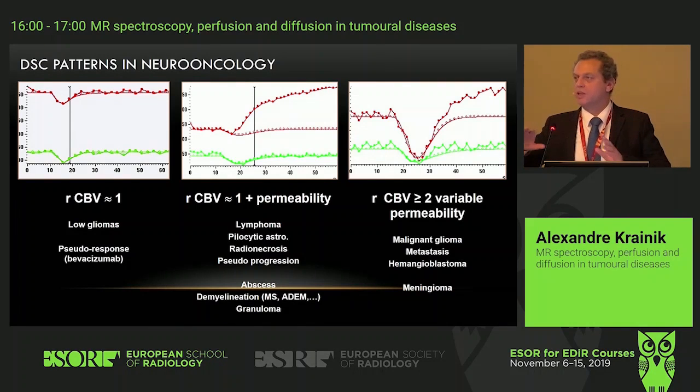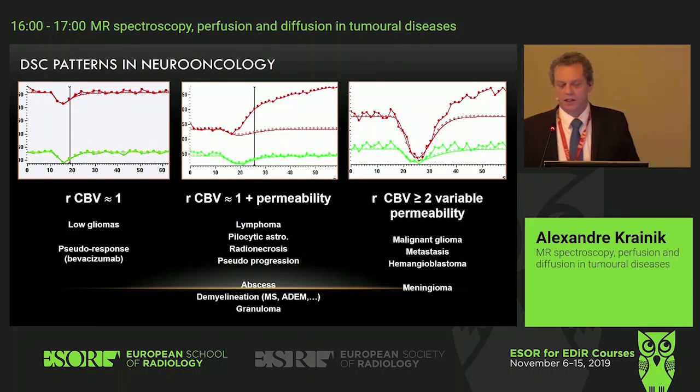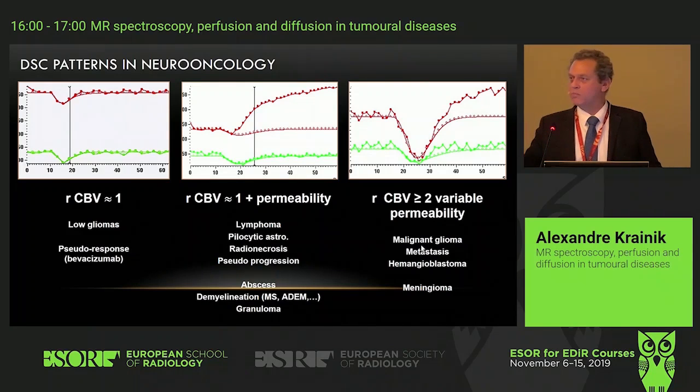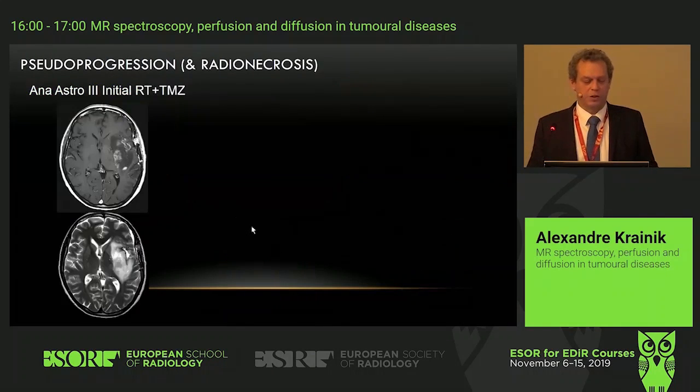It sounds quite bad in a certain way, except for meningioma, which is a normal highly vascular tumor. But when it's intraaxial, you have to think of glioblastoma or malignant glioma, metastasis. You have this normal perfusion in low-grade glioma here. And when you have this leakage, you can observe it in many different conditions, including lymphoma and pilocytic astrocytoma.